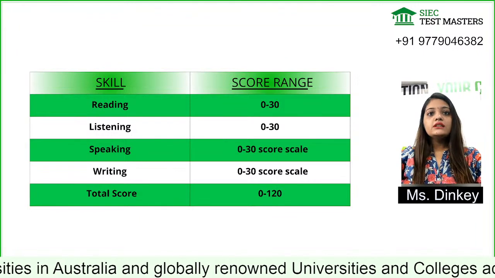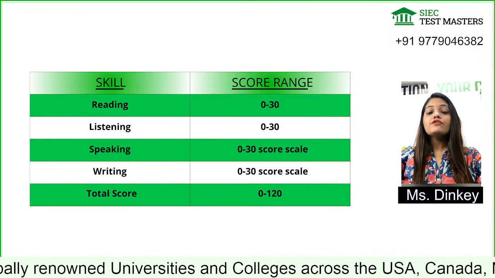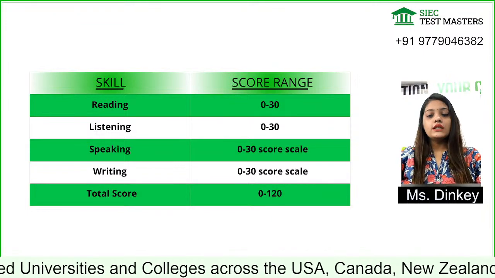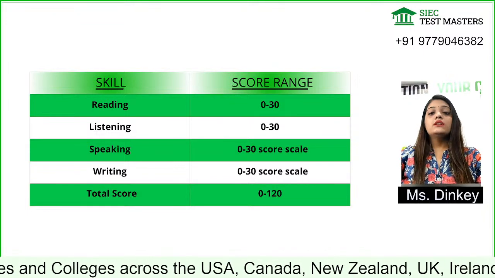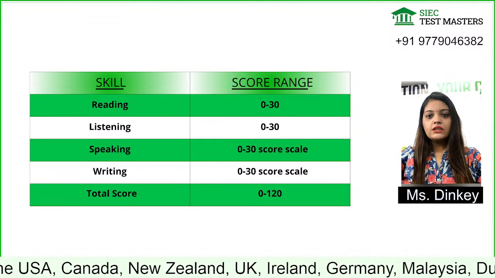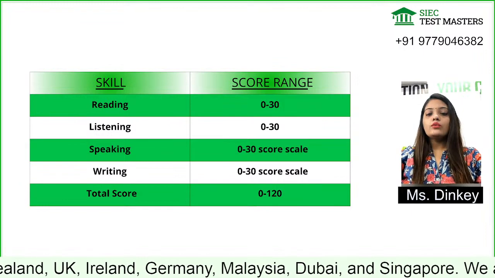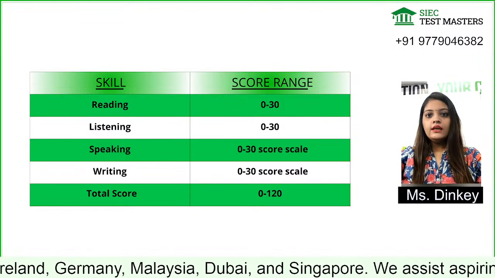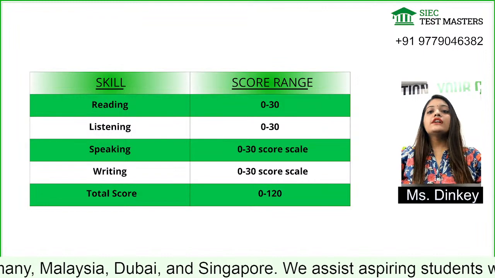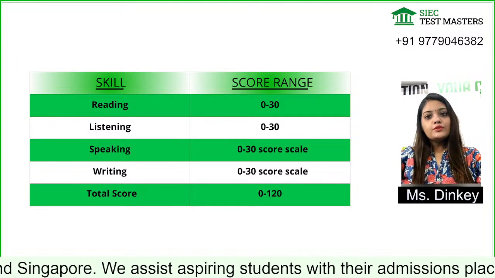Now, moving to writing and speaking. Firstly, speaking is on a 0 to 30 score scale. Now, what is a score scale? If we talk about speaking, the scoring of each and every question is given out of 4 manually. Then that score is converted into 30 by the scaling process of the computer.